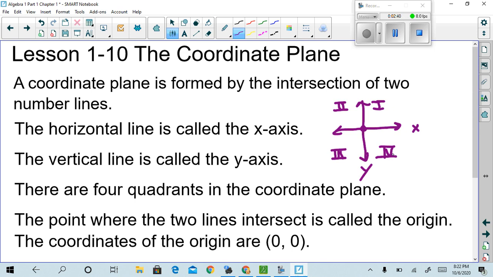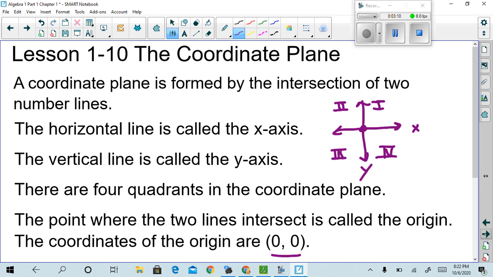So again, I'm giving you a more distinct way of describing these. And the point where the 2 lines intersect right here in the center is called the origin, and the ordered pair of coordinates is 0, 0. So these are just some background information, a few definitions that are going to help us with our lesson.